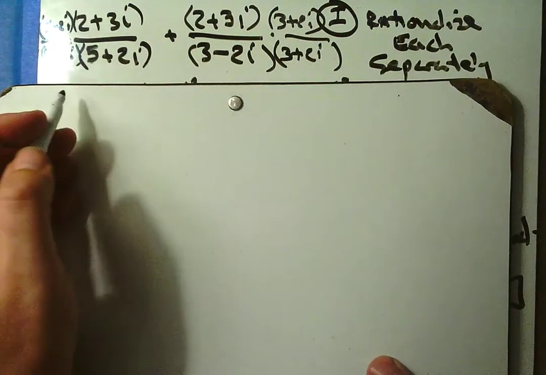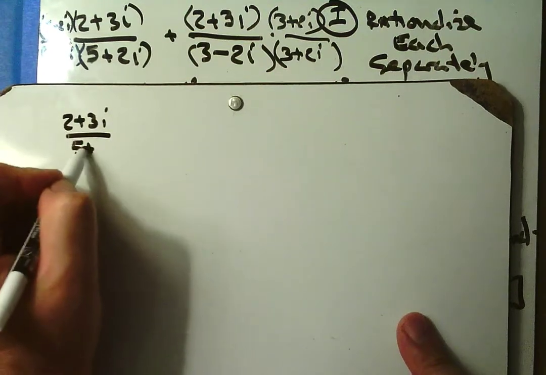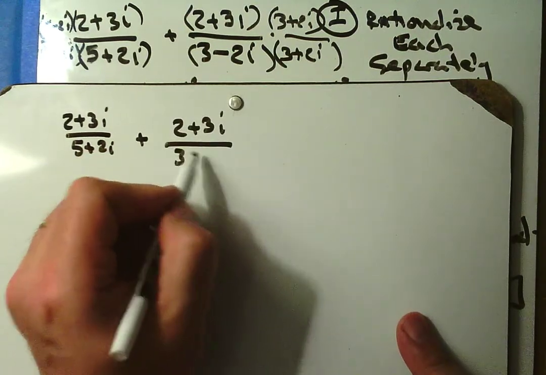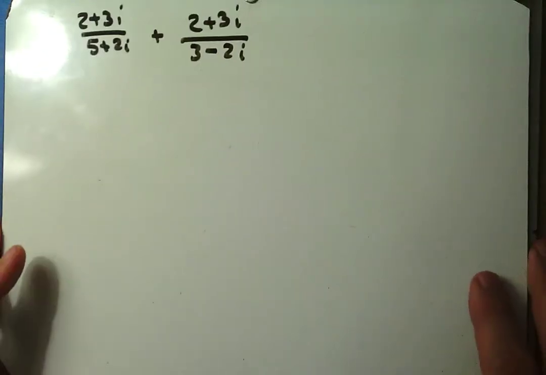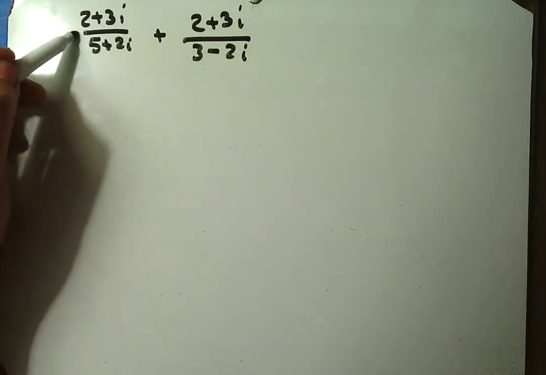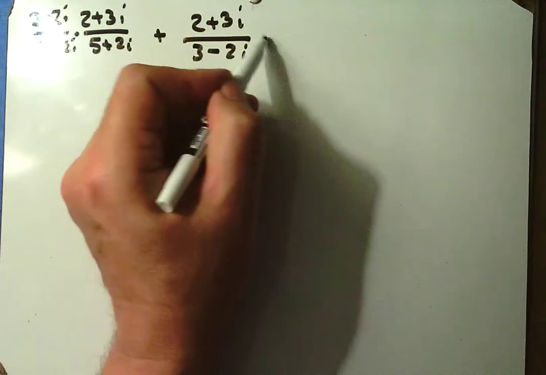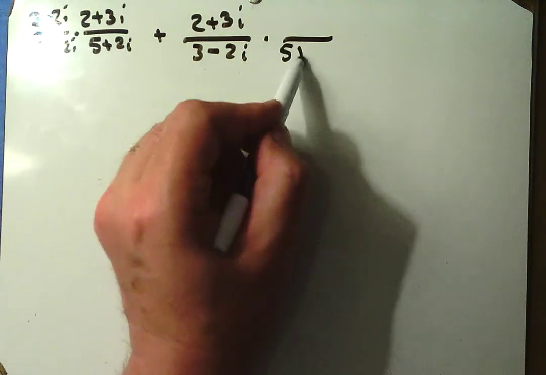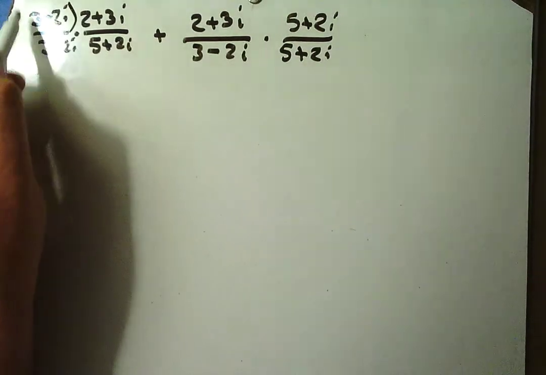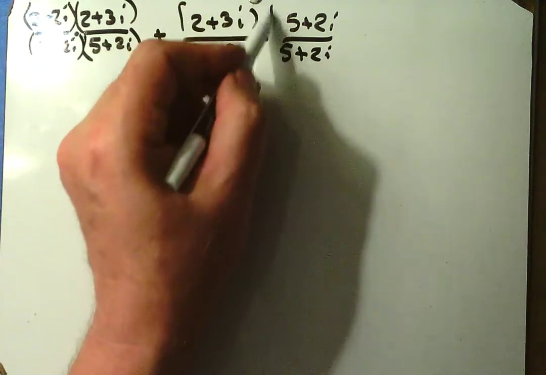So let's start with this problem again. We've got 2 plus 3i over 5 plus 2i, plus 2 plus 3i over 3 minus 2i. All right, so this time I'm going to make a common denominator. So this one needs a 3 minus 2i, and this one needs a 5 plus 2i. And again, I FOIL. Lots of foiling here. I'm so glad we're comfortable with foiling for these problems.